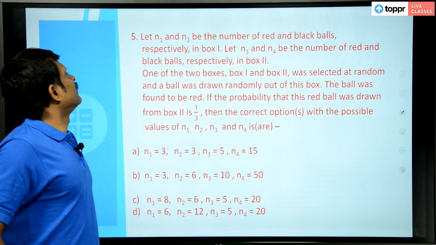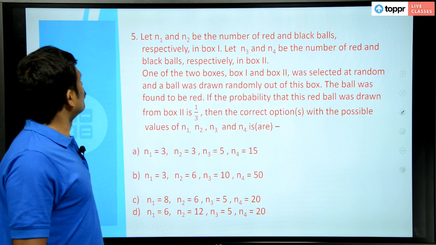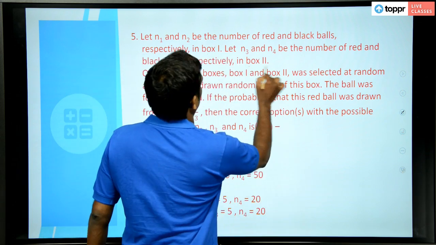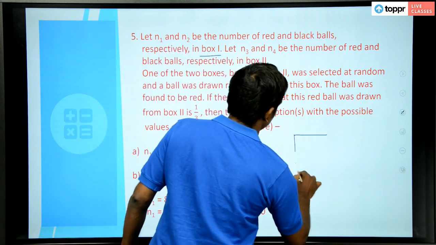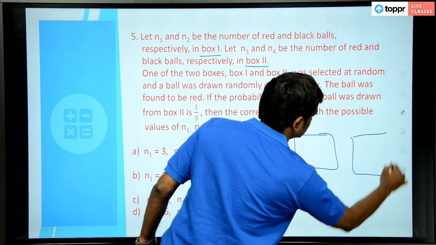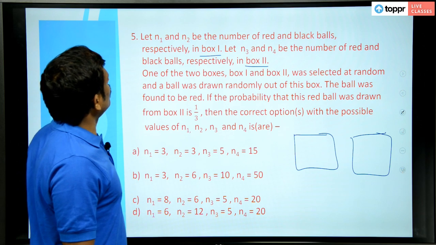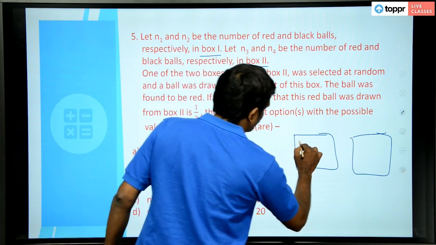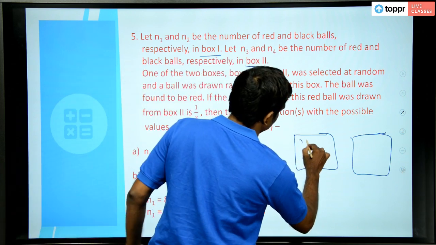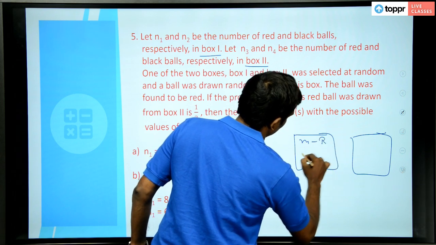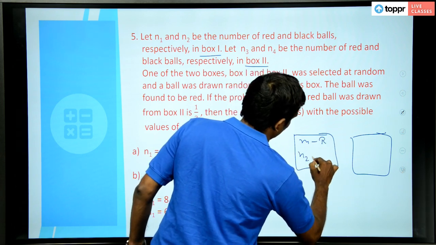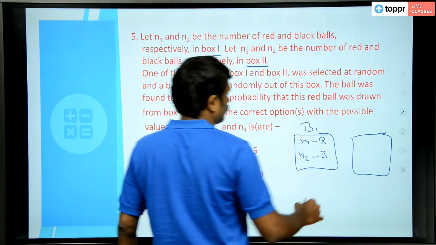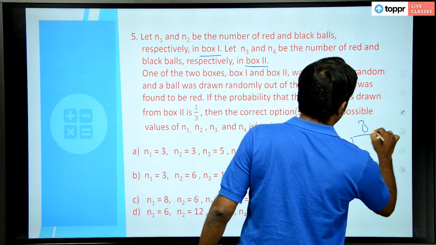Let n1 and n2 be the number of red and black balls respectively in box 1. So, there are 2 boxes, box 1 and box 2. n1 red balls and n2 black balls, this is box 1, and this is box 2.